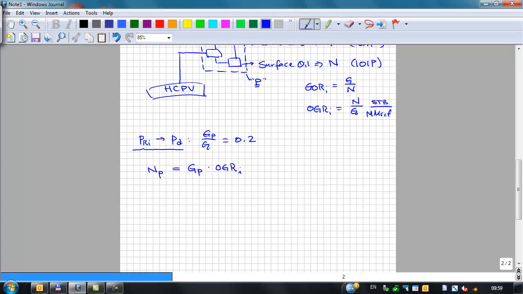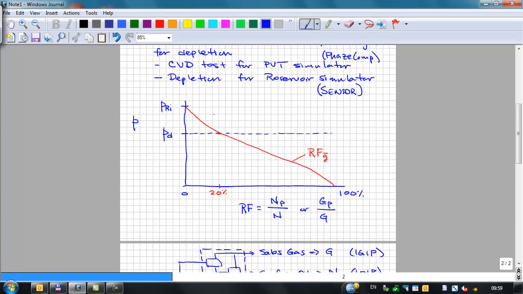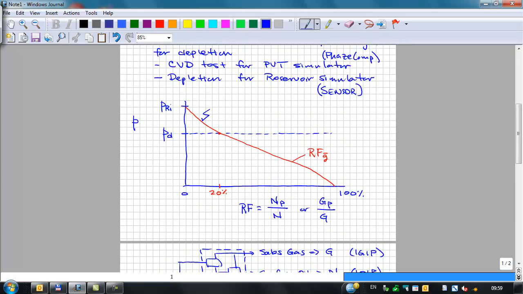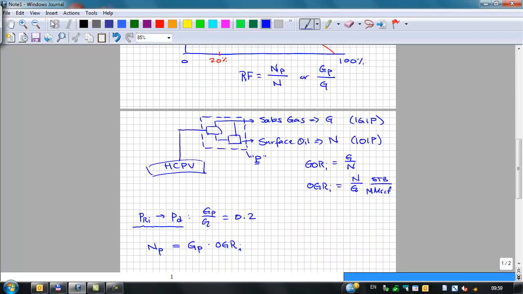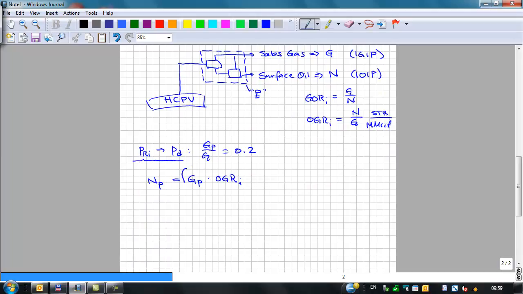Why? Because in this region here, the producing oil-gas ratio, which is what we actually have to produce, we have to multiply to get this. We actually have to do this, right? Okay?